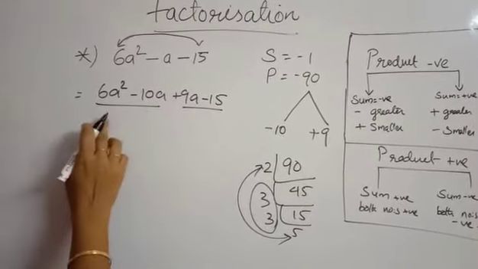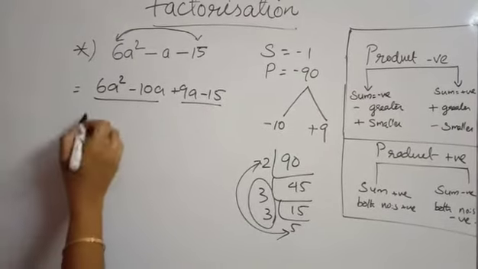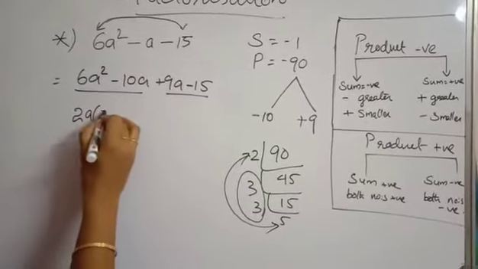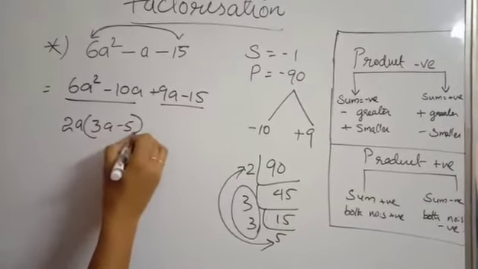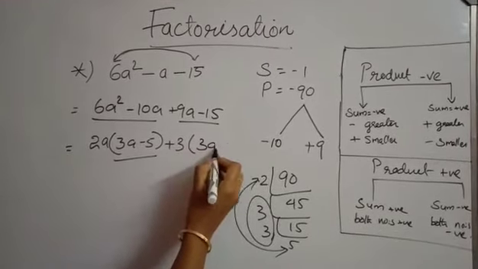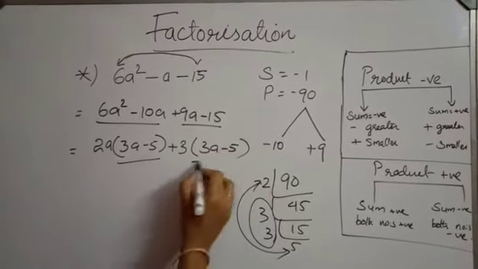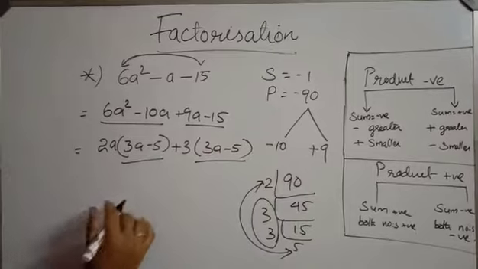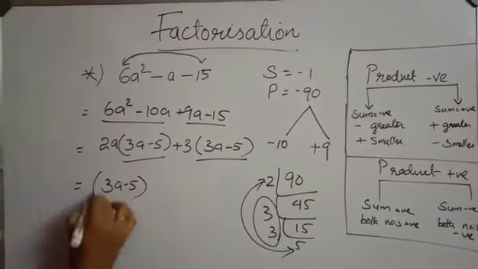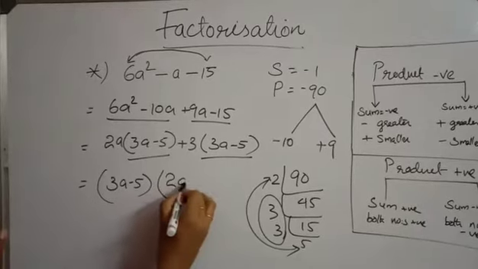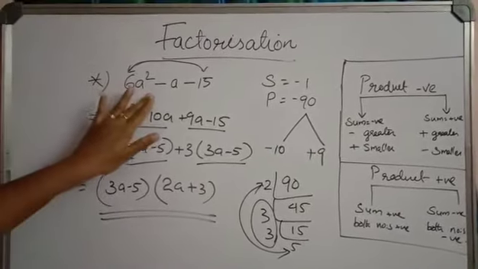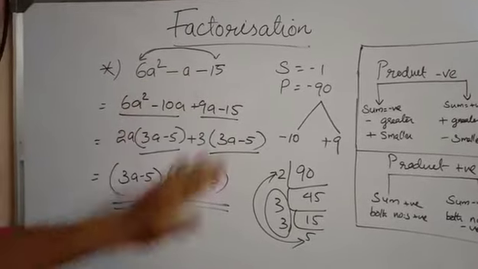Take out 2a common from this first group: 2a into (3a minus 5) plus 3 common into (3a minus 5). Now 3a minus 5 is common, so you will get (3a minus 5) into (2a plus 3). These are the factors of 6a square minus a minus 15.